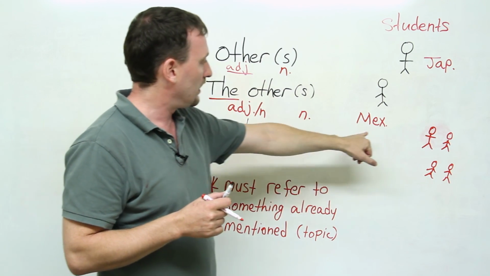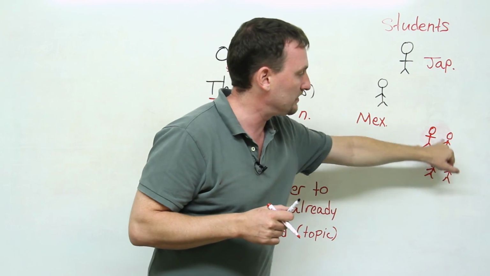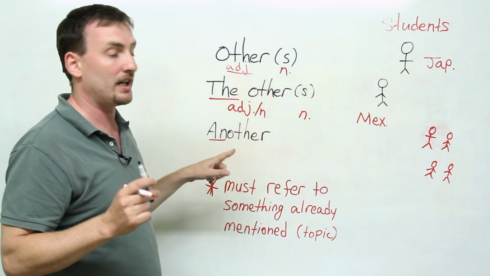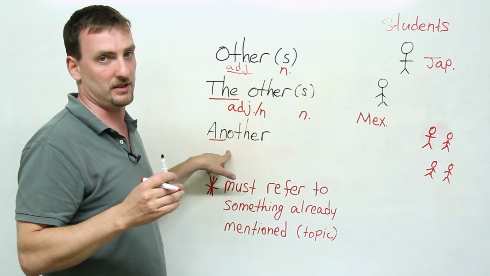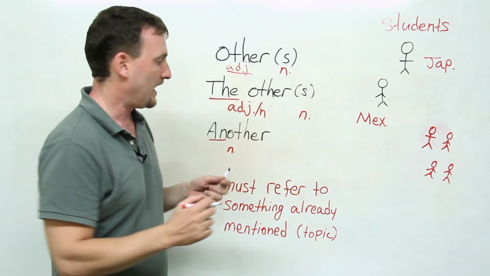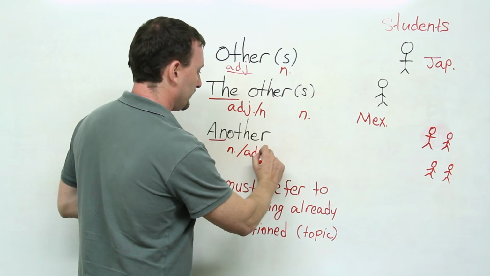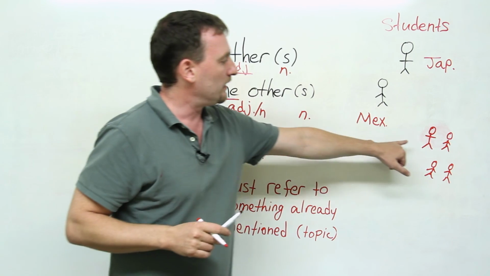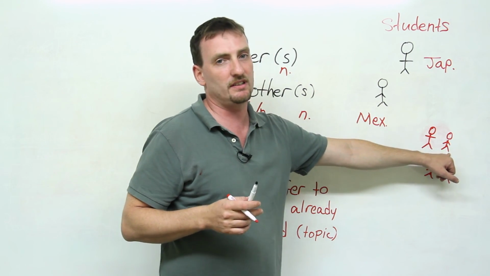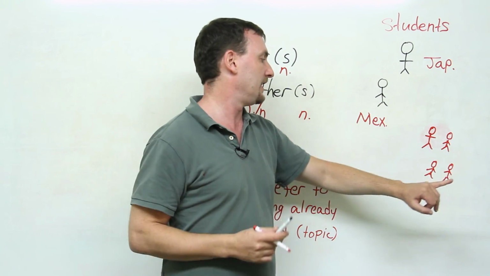Okay? These students, the problem in this class, they don't like one another. Okay? So here, I'm using it as a noun as well. I could also use this as an adjective. This student is Chinese. Another student is Korean.